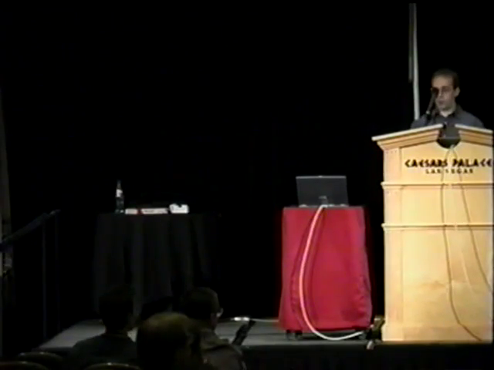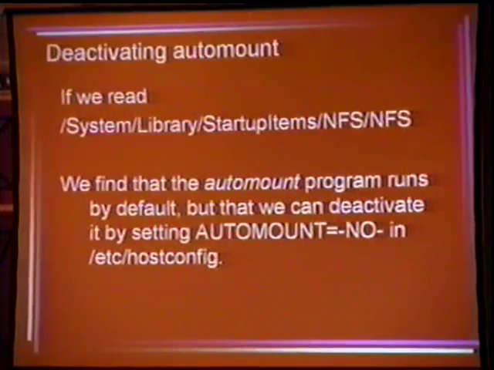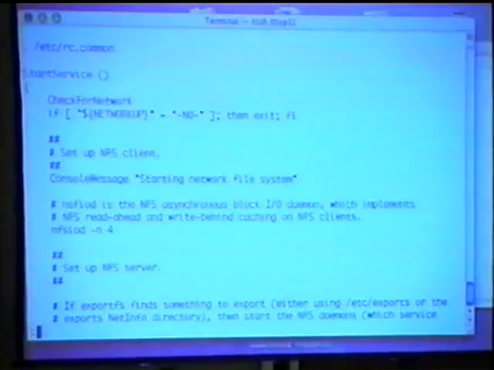System, Library, Startup Items, NFS, and we look at that. If we look at this script, we see kind of what you expect. There's a start service, and a stop service. The script starts out by sourcing rc.common, which will do a few things, and then sources hostconfig. That's the reason they're all sourcing rc.common: they get hostconfig in there.